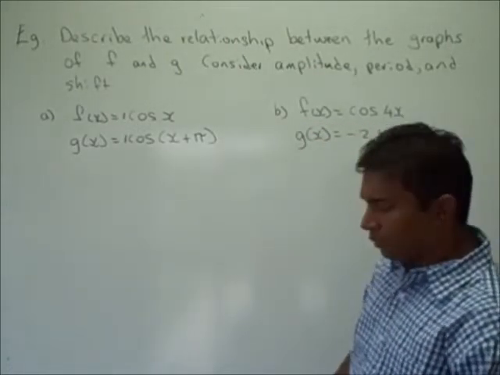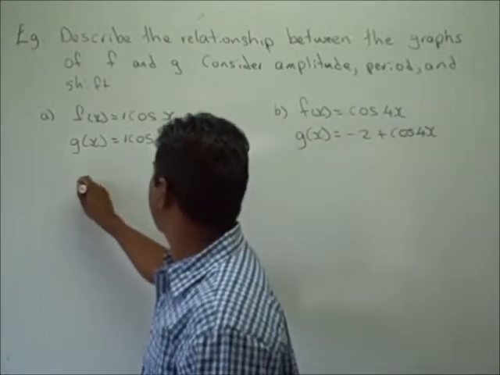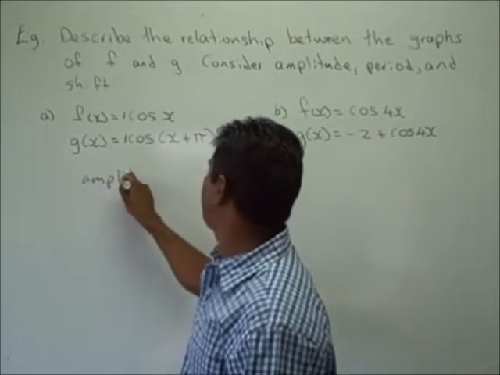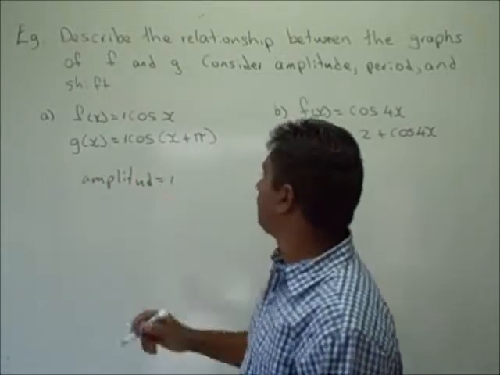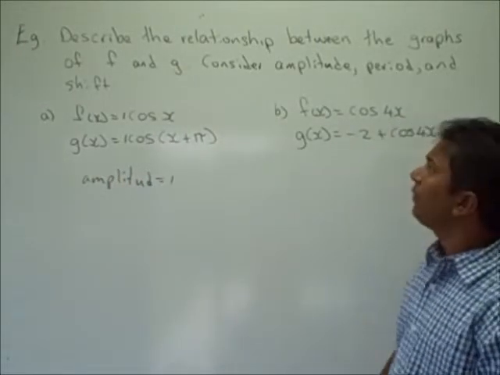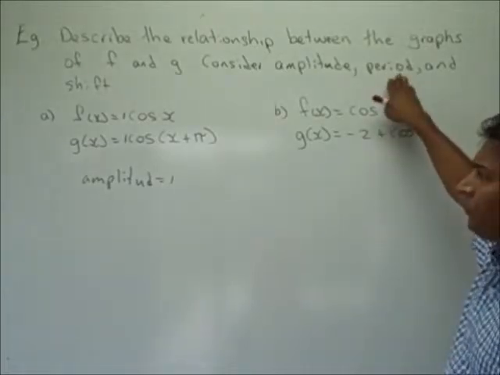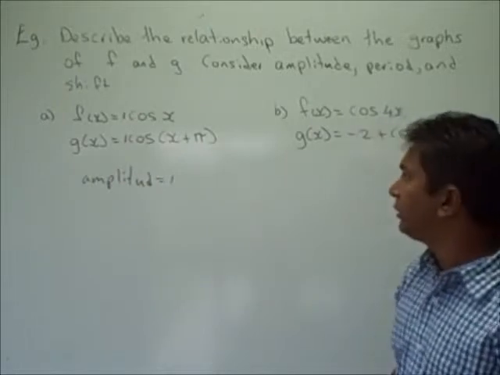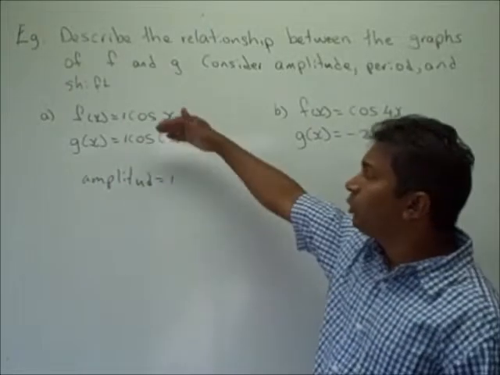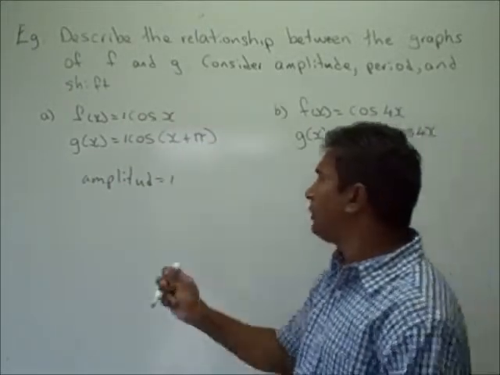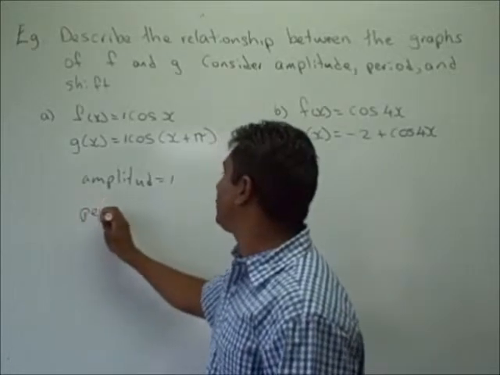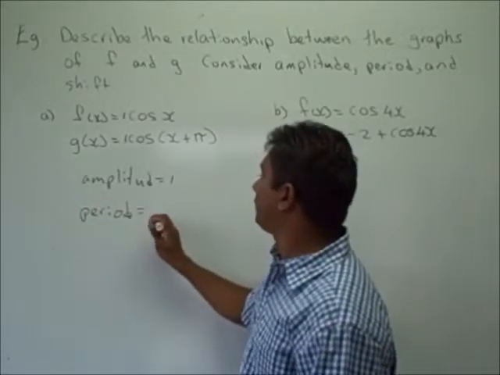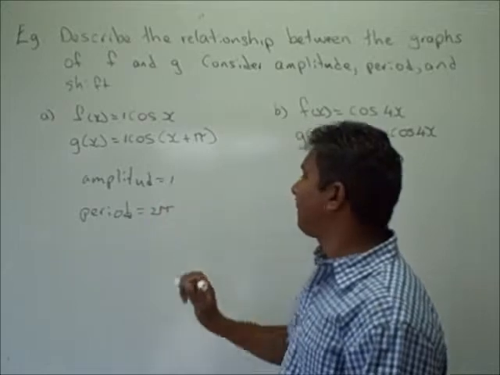So here the amplitudes are the same. Our periods are also the same, since our coefficient of x is 1. Our period would be 2 pi over 1, so our period for both of these is also 2 pi.